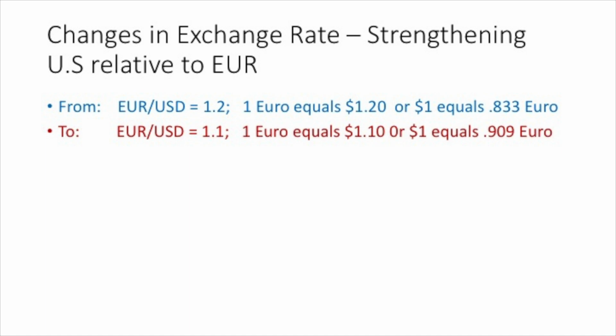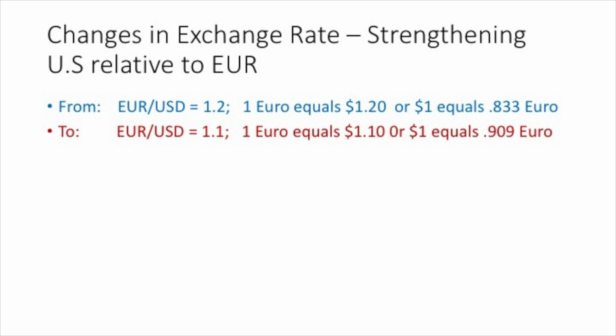Listed the euro US dollar exchange rate first as 1.2 US. 1 euro will buy 1.2 US dollars, and then it moves to 1.1. Euro to US dollar, 1.2 to 1.1. In this case, the euro has weakened relative to the US dollar. The euro will buy less dollars.